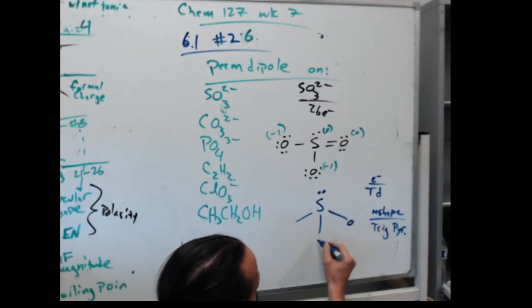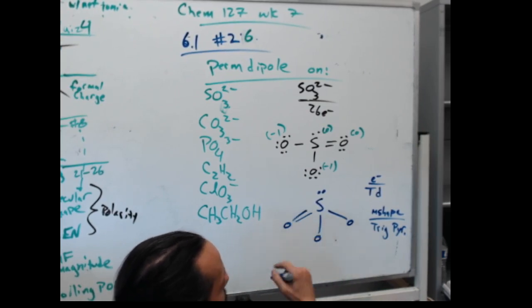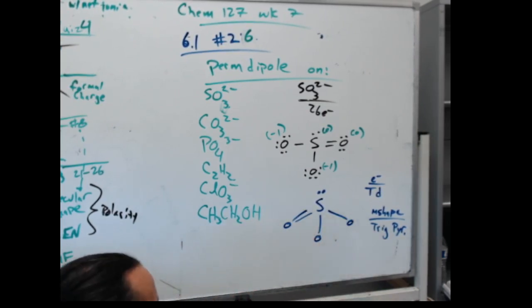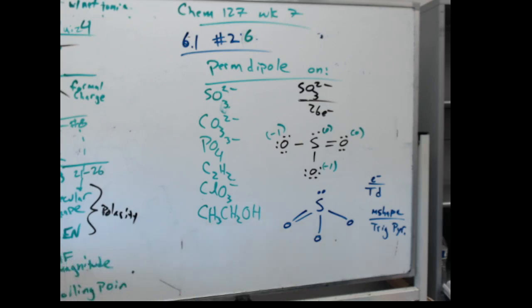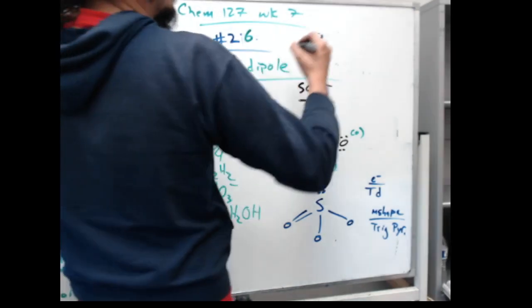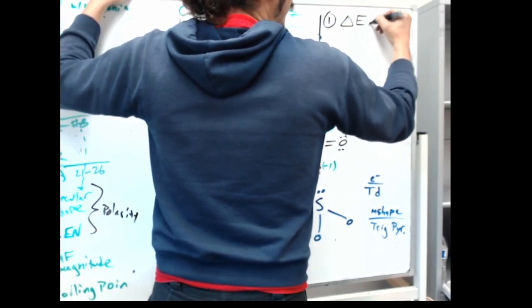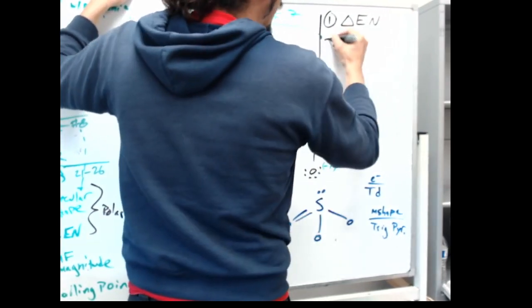Now, it's an oxygen, an oxygen, an oxygen. We can say that there's a double bond someplace, but really the resonance structure would have that double bond kind of moving around. So now to figure out if this has a permanent dipole moment or not, there's two important things we need to consider. One, is there a difference in electronegativity between the atoms?